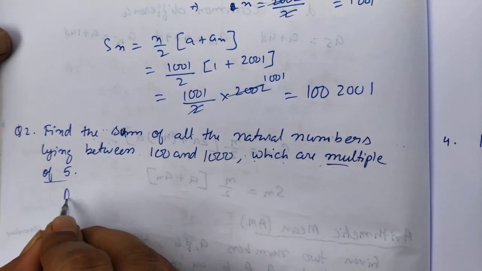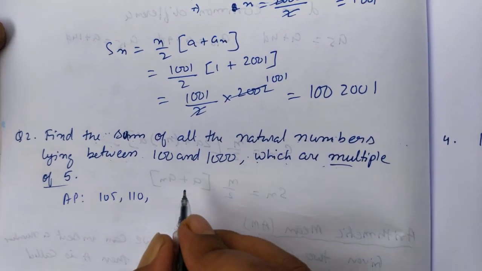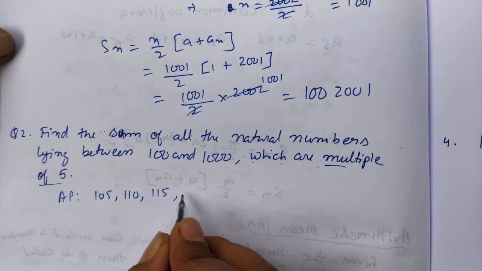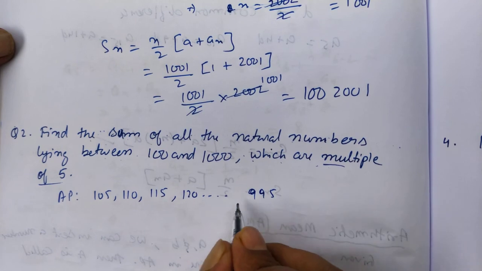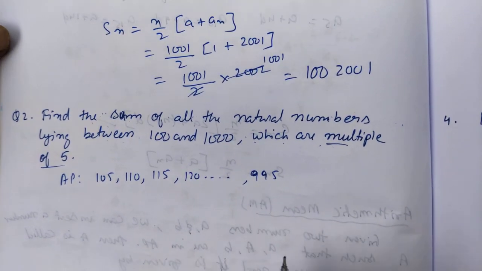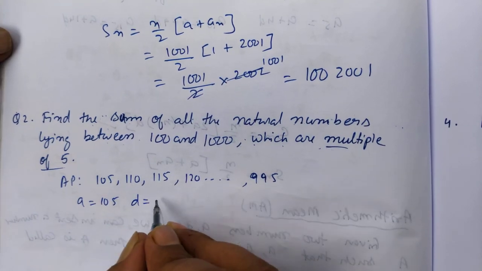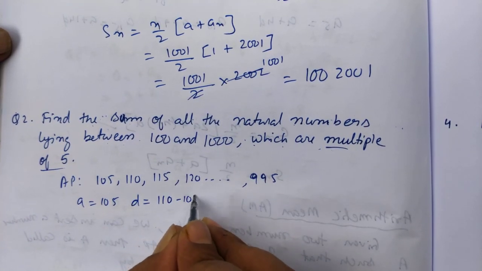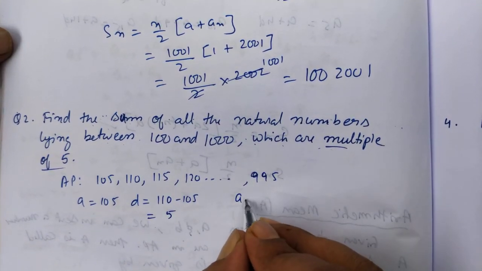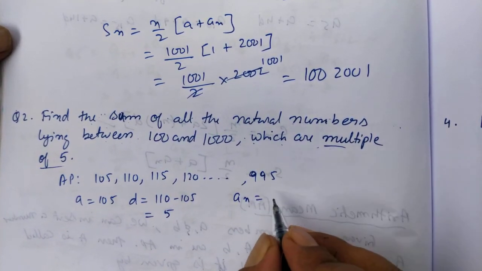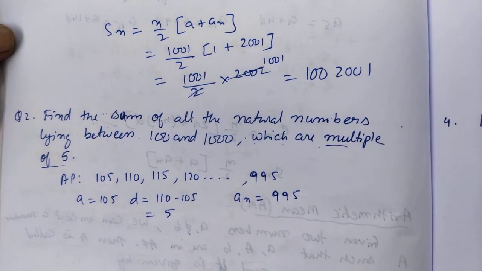So the AP will be 105, 110, multiple of 5, 115, and it will go on 120 and goes on till 995 because I cannot take 1000. So the first term here is 105. d will be 110 minus 105, this minus this, 5. an is 995.